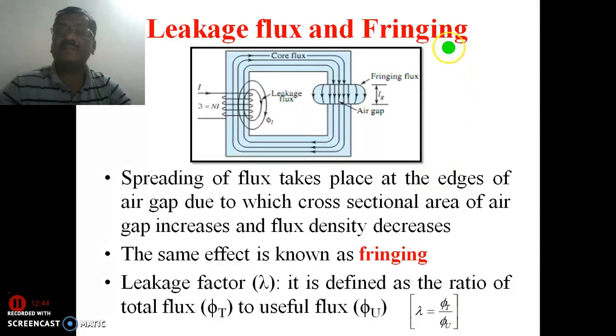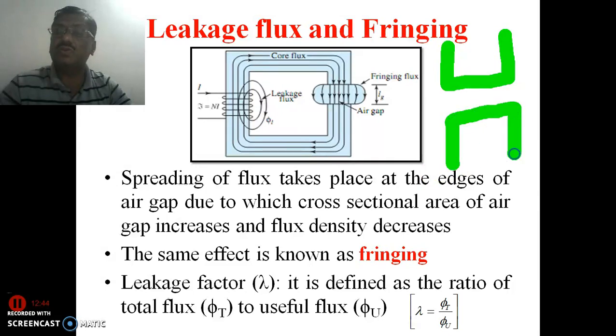Generally this is the end portion of the core, and between these 2 portions we have the air gap. What happens actually? The flux must go by this way. These are the lines of the fluxes. But at the edges of this air gap, the spreading of the flux takes place.